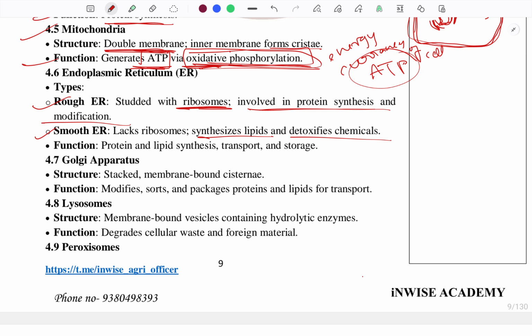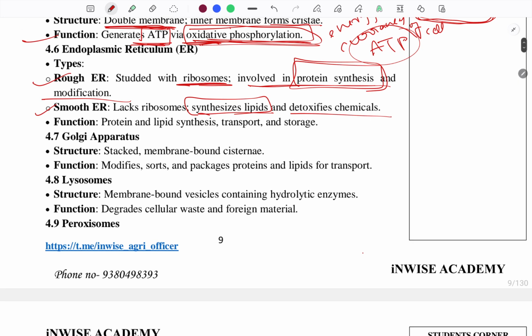The main two things to remember in this organelle: there are two types, rough and smooth endoplasmic reticulum. Rough endoplasmic reticulum contains ribosomes, so it is involved in protein synthesis. Smooth endoplasmic reticulum lacks ribosomes, so it is involved in lipid synthesis and detoxification of chemicals.